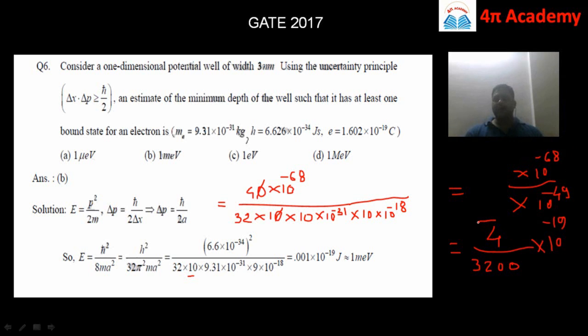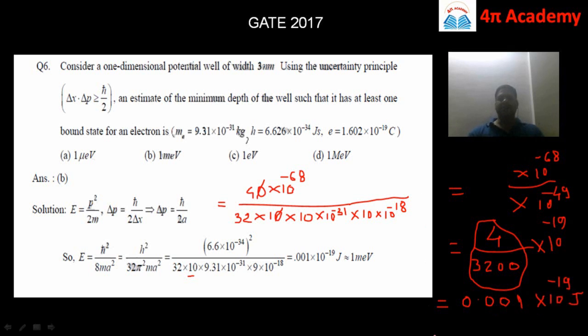Now if you calculate this value, then it comes out to be 0.001 into 10 raised to power minus 90, and it is in joules.